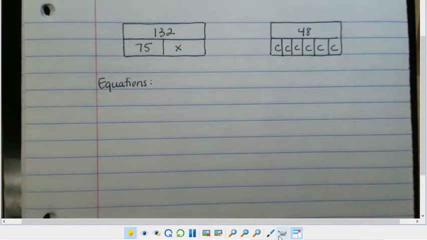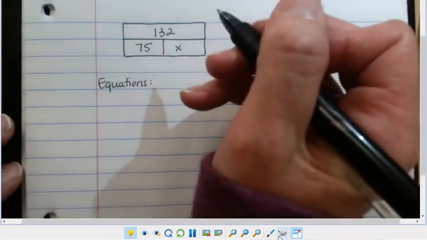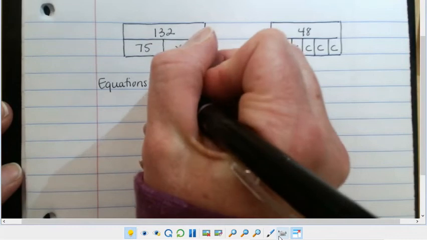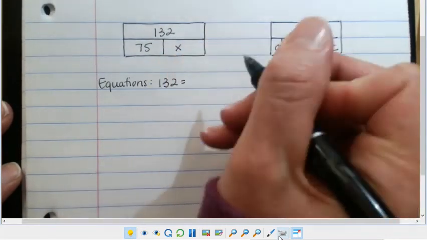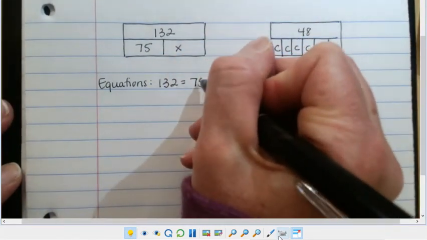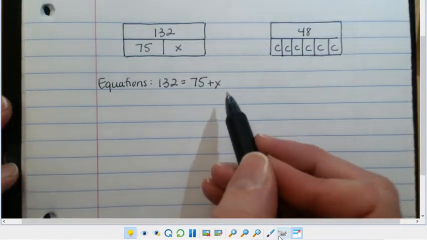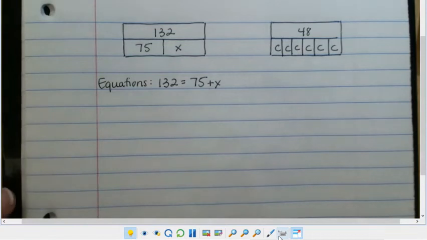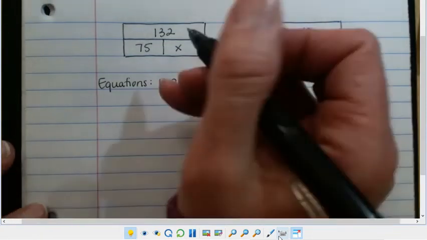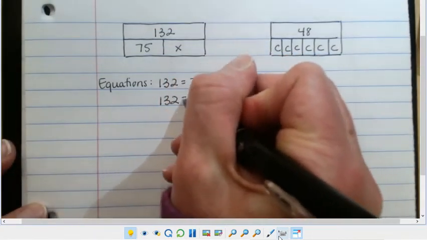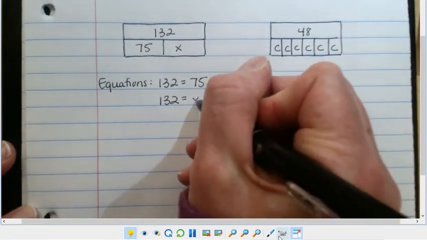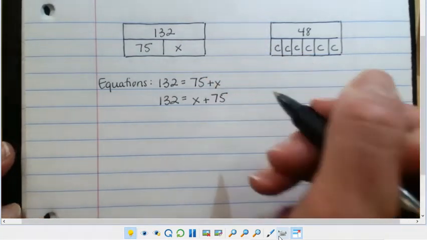All right, so let's look at what you did. So one of the equations I could have had 132 equals 75 plus x. And you could have this written as 75 plus x equals 132. You could have them reversed. That's fine too. I could also have had 132 equals x plus 75.